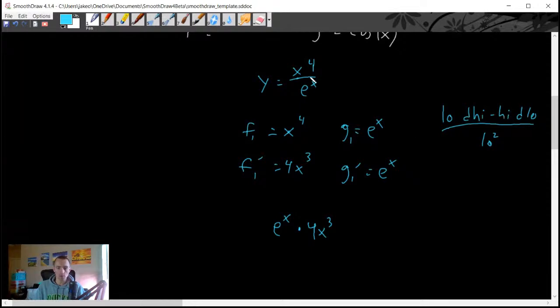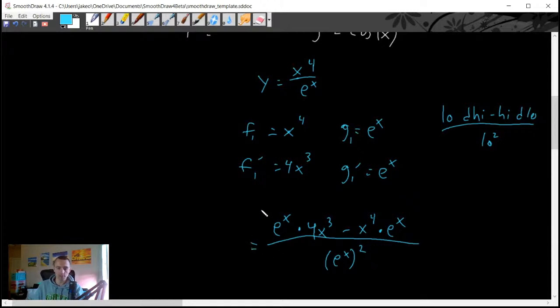High is just the top, which is x to the fourth, which is what we said our f was, minus x to the fourth, times d low, which is just the derivative of the lower part of our fraction, the derivative of the bottom, which is g prime, which is e to the x. So times e to the x. And that's all going to be over low squared. The bottom of our fraction, the low part of our fraction, e to the x squared.